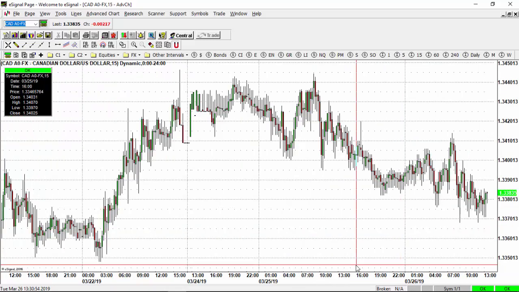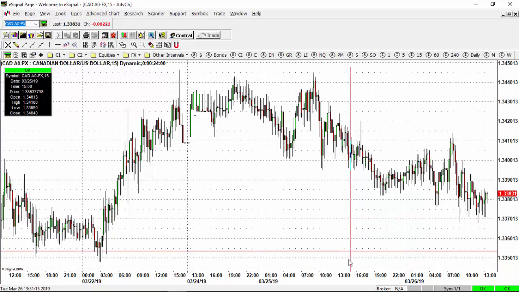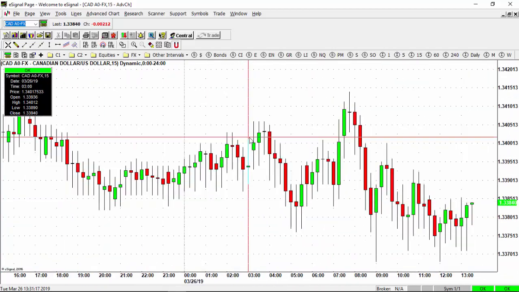What I'm expecting is that the strength in the Canadian dollar will diminish, and the Canadian dollar will get back in sync with what the US dollar index is doing. Hopefully that is the case, and this trade will give us also a nice momentum to the upside.